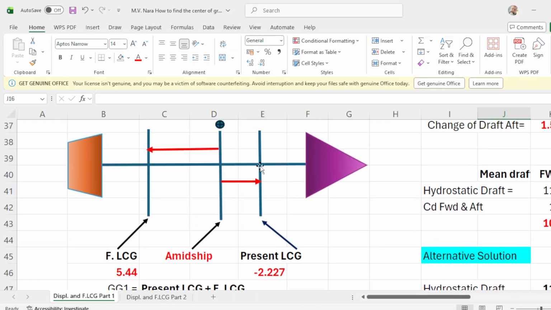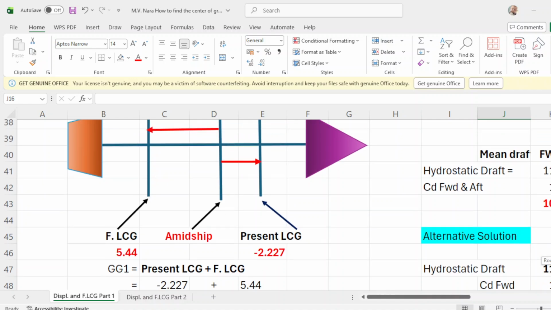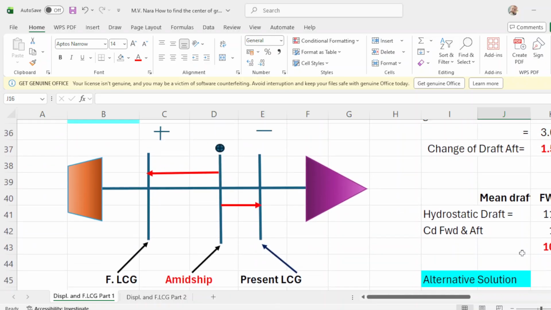From the center of gravity, it shifted backward up to this point, and the total distance shifted is 7.67. I hope that's clear. Meaning the weight of the entire vessel is shifting backward, so actually you will have a trim by the stern.